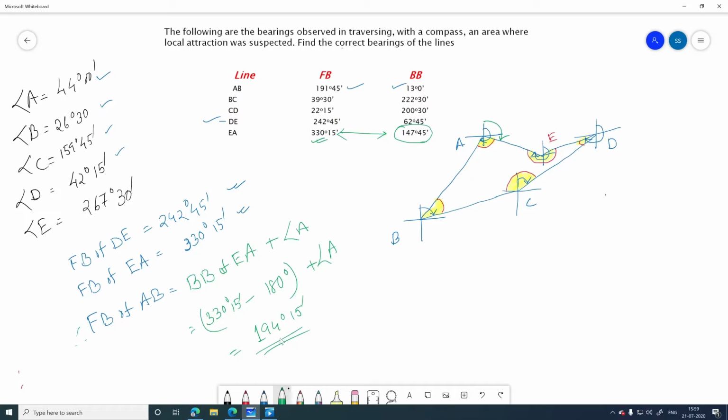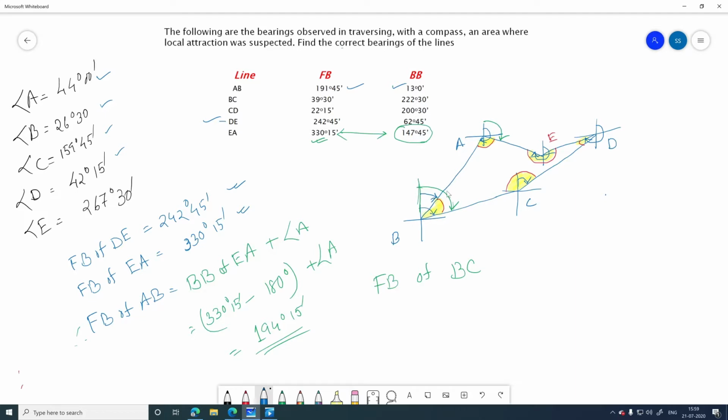In a similar way, we can determine the forebearing of BC, because we now know the forebearing of AB. Look, the interior angle is constant. We add the corrected value, definitely, not the previous value.